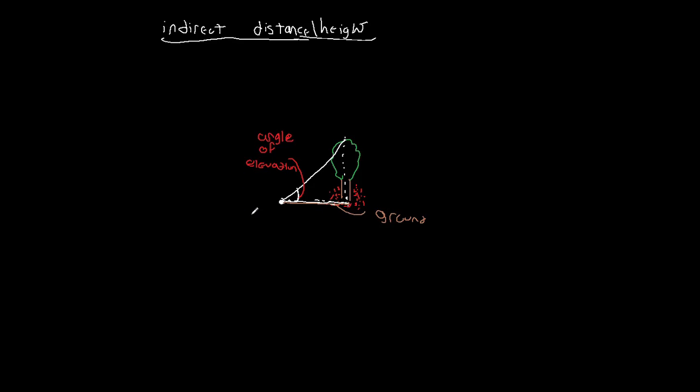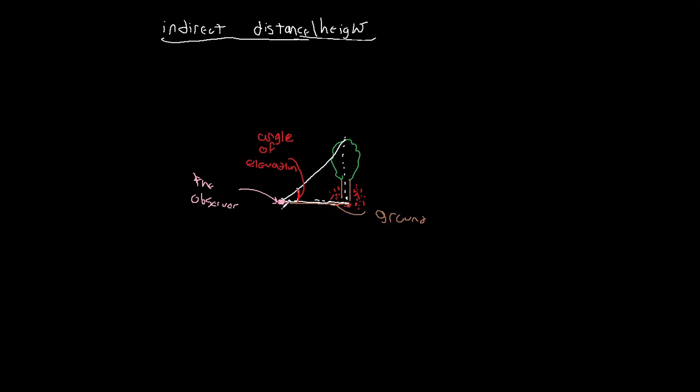Let's make you a little pink dot. This is you observing. This is the observer. And again, this is the angle of elevation that's caused by the difference between the ground and the angle to the top of the tree at the point of observation.